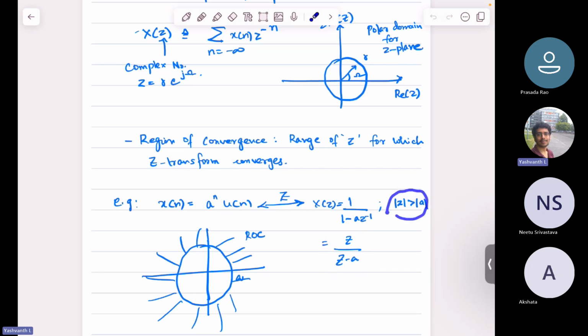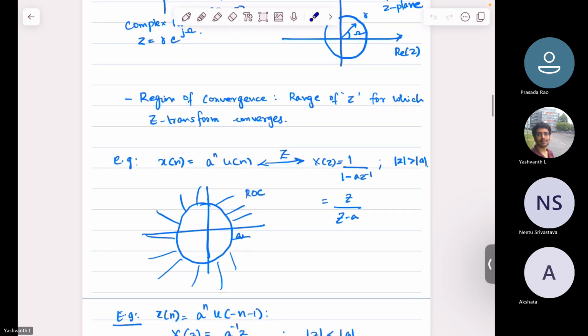So what does it mean? So z is a complex number, and mod of a complex number is basically the amplitude, and mod a is some number. So if I say mod z is greater than mod a, that means it essentially focuses the ROC, which I'm highlighting here.